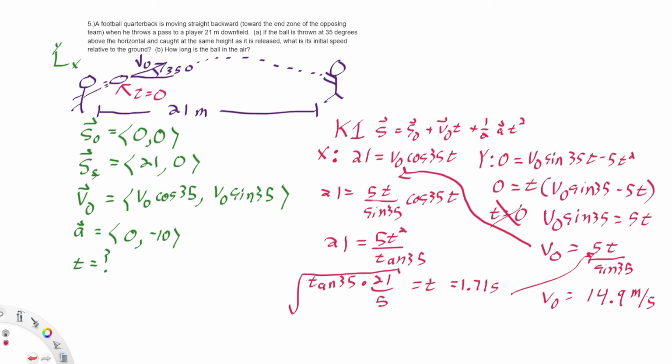All right, questions or comments? Yeah, so we did part B first. This is not the only way you could have gone about this, but I think this is the most straightforward.